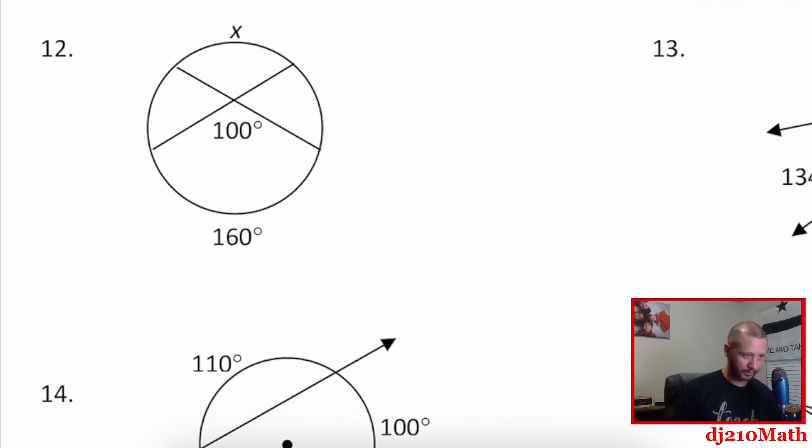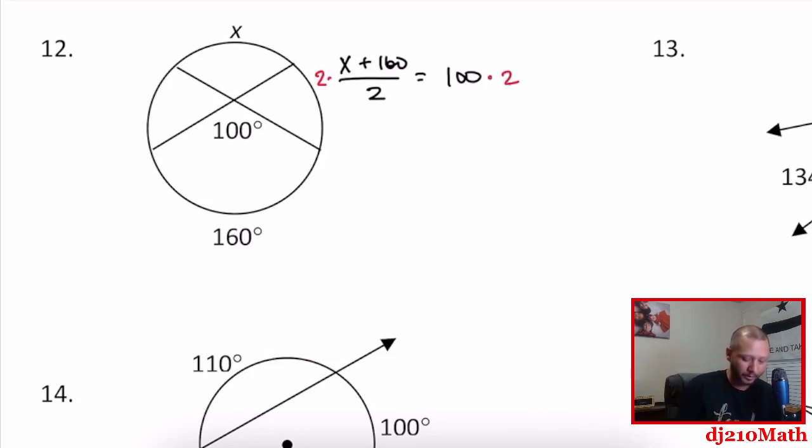All right, so let's stick to the script. Add up the arcs. X plus 160 divided by 2 equals 100. Solving for x, I have to multiply both sides by 2. Why? Because the left side is divided by 2, so you do the opposite operation.